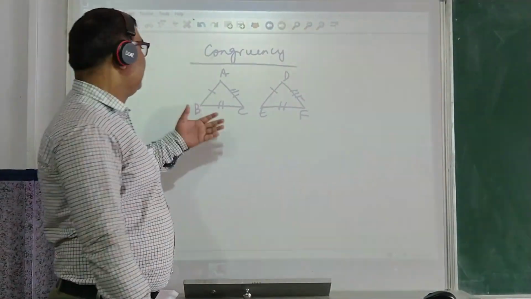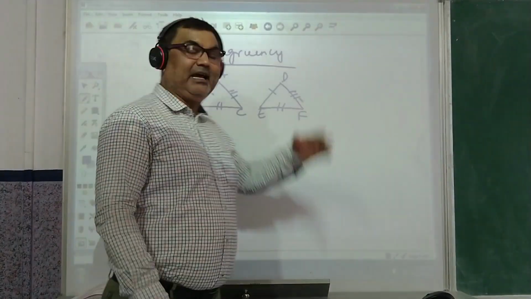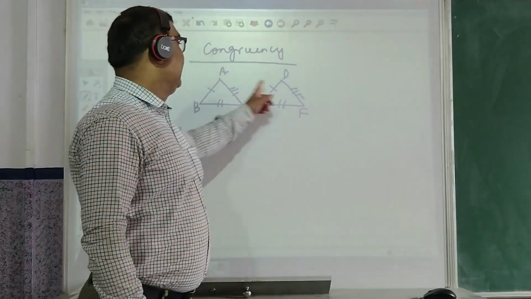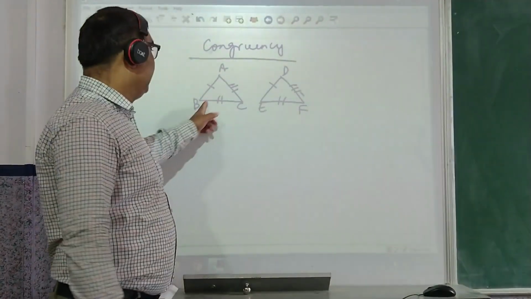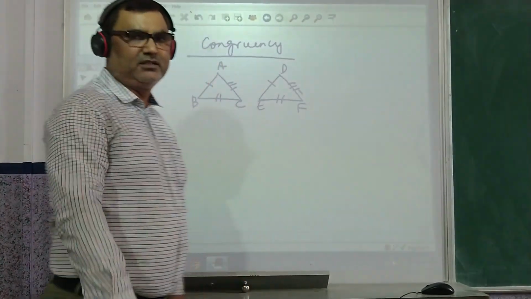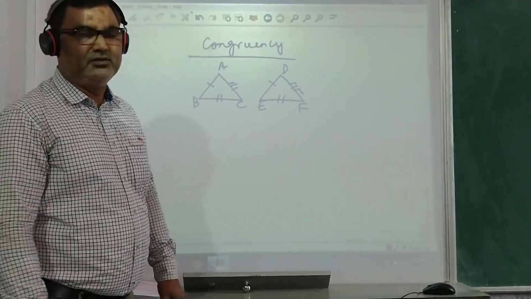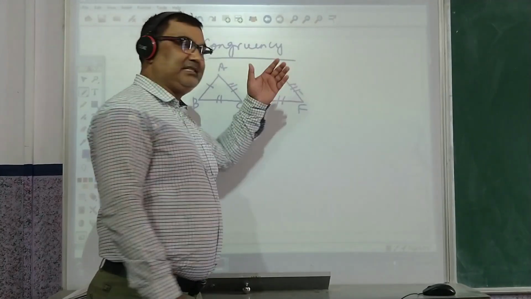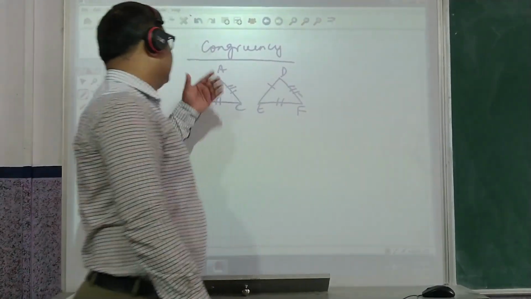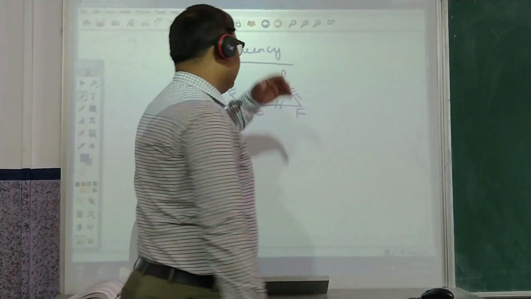So frankly tell me, if ABC and DEF are congruent, can I say angle A equals D, angle B equals E, angle C equals F? Of course, the answer is yes, because this exactly occupies the place of another, the space occupied by another.